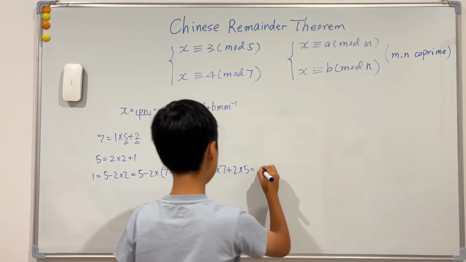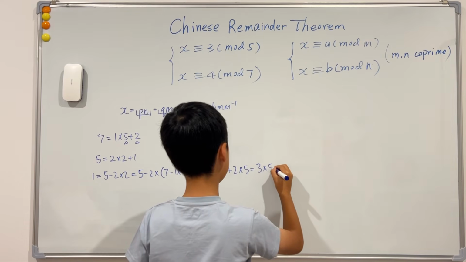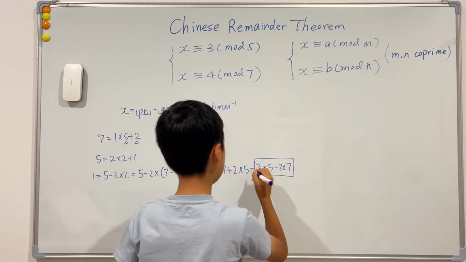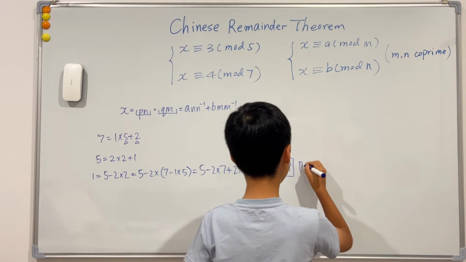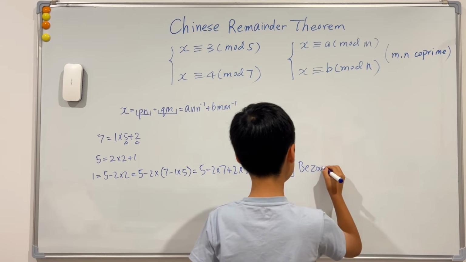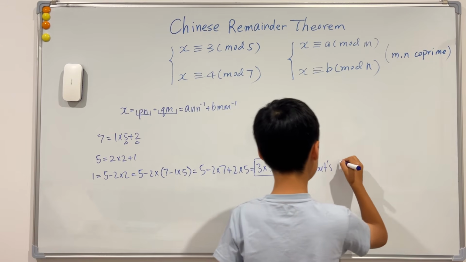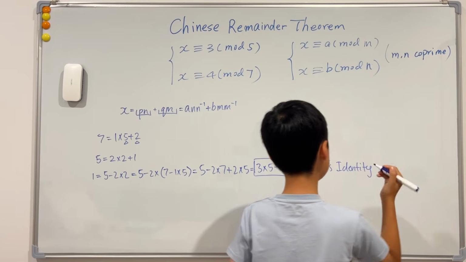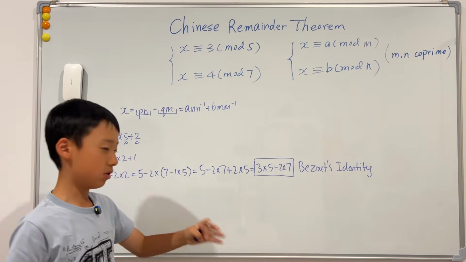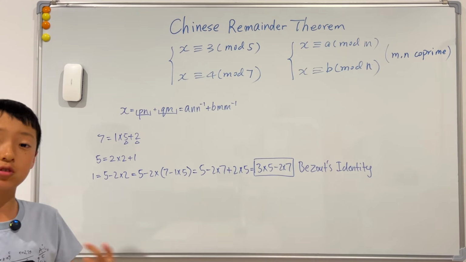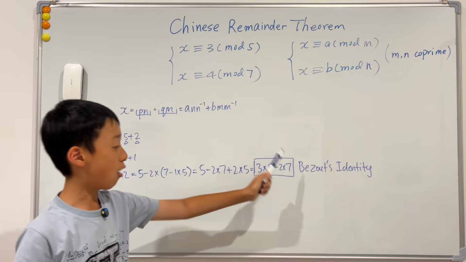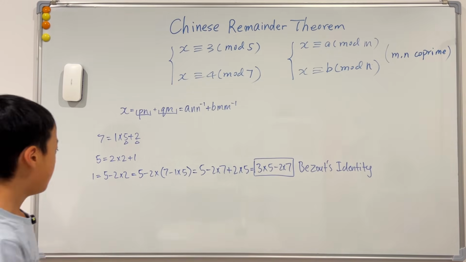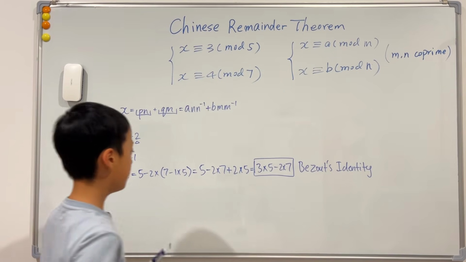Collect like terms, it becomes 3 times 5 minus 2 times 7. And now this is what is called Bezout's identity. So the reason why we're doing the ordinary Euclid's algorithm and the extended Euclid's algorithm is to get our Bezout's identity. And in our case, it's 3 times 5 minus 2 times 7.